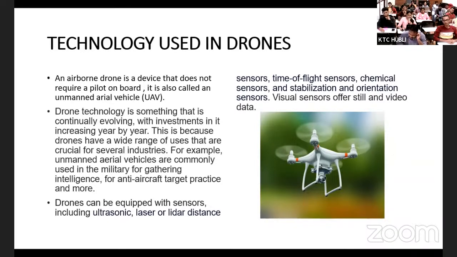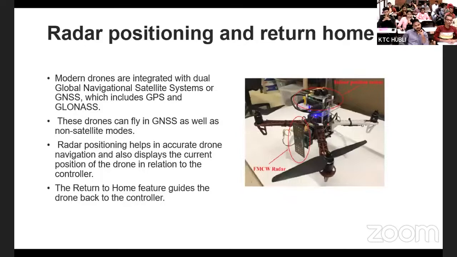Drones can be equipped with sensors, including ultrasonic, laser, or radar distance sensors, time of flight sensors, chemical sensors, and stabilization and orientation sensors. Visual sensors offer still and video data. Radar positioning and return home.